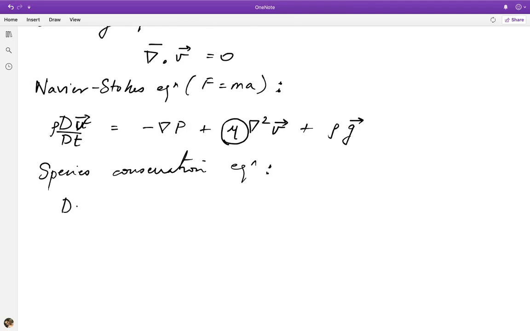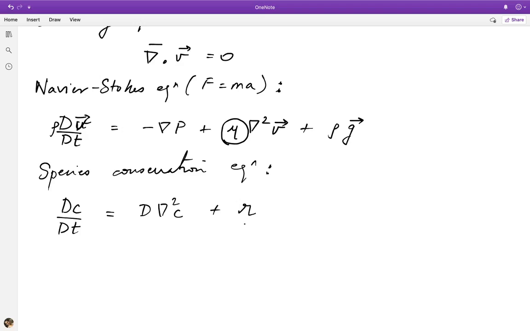The material derivative of the concentration with time, so the way the concentration evolves as you move along with the fluid in a material volume, is given by diffusion and the rate of generation. So this would be negative if there's consumption due to a reaction, for example.